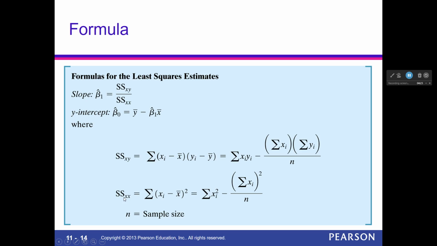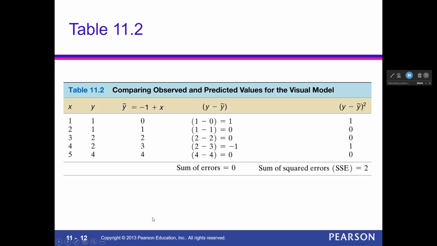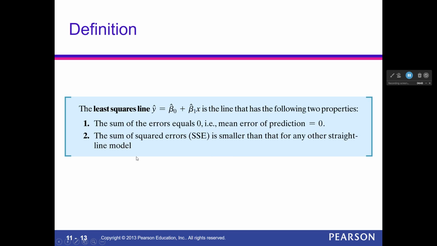And then the SSXX is x sub i minus x bar squared, or we can take the sum of x sub i squared minus the sum of x sub i, squared, over n. This is the way we're going to do it in this example, so you can see it done both ways. And n is always the sample size. Going back here, our sample size is 5. We have 5 observations.